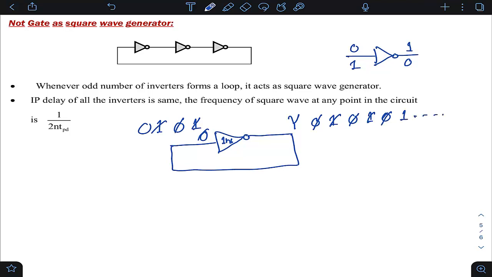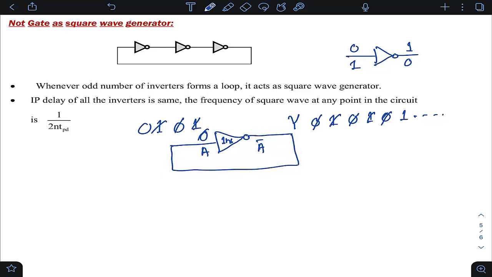So students, it makes sense that if I say this point is A, it's natural that the output of the NOT gate will be A complement. If the input is A, the output equals A bar. But you see that this point and this point are the same. There is no other element in between. So this point is A and this point is A bar.